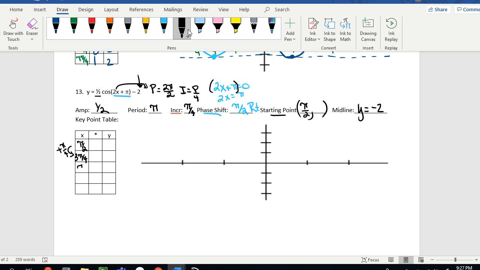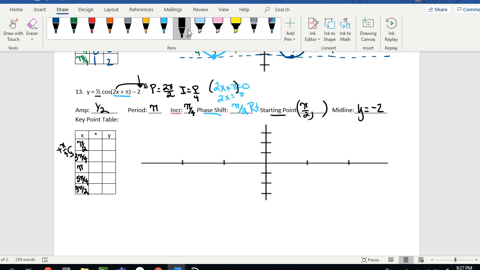I add another quarter, I get pi. I add another quarter, I get 5 pi over 4. And another quarter, 3 pi over 2. I'm feeling southern tonight.